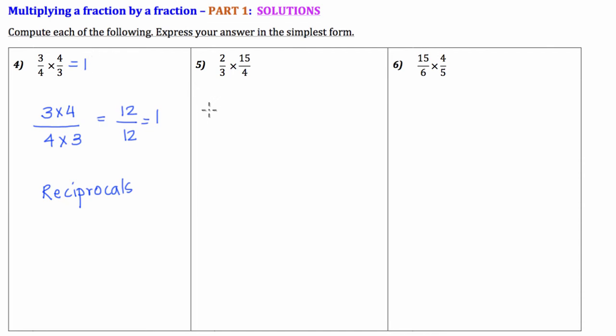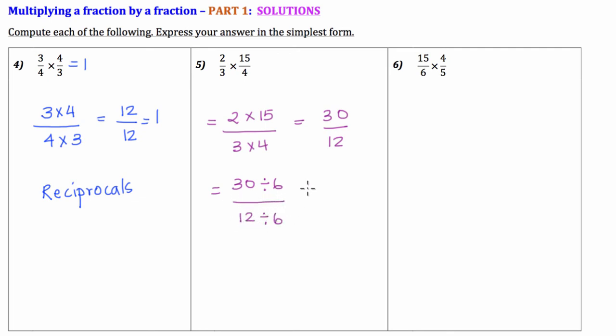The next problem is 2/3 times 15/4. So let's start by multiplying the numerators and multiplying the denominators. So 2 times 15 is 30 and 3 times 4 is 12. Next, let's simplify the fraction. So 6 is a factor that's common to both 30 and 12. So let's divide the numerator and the denominator by 6.